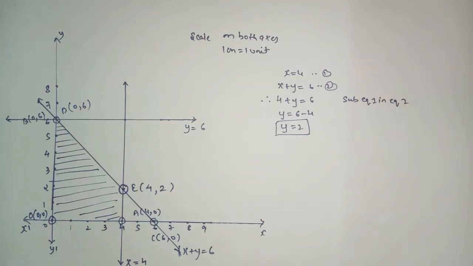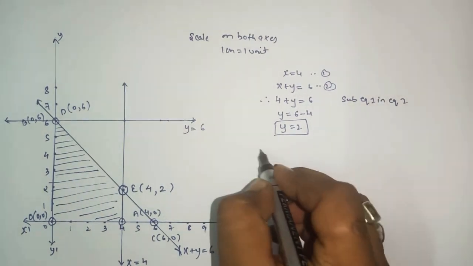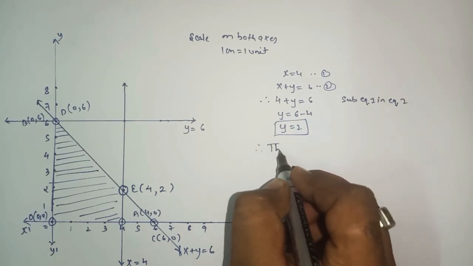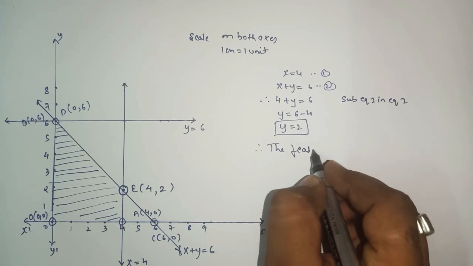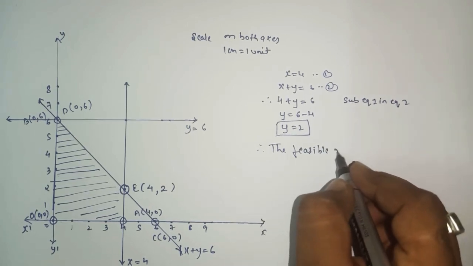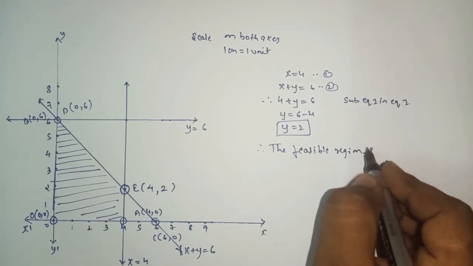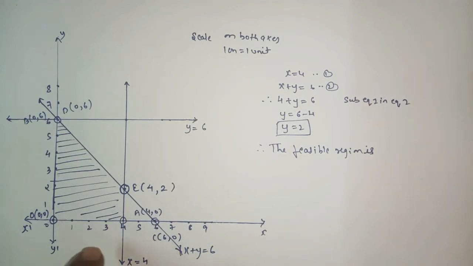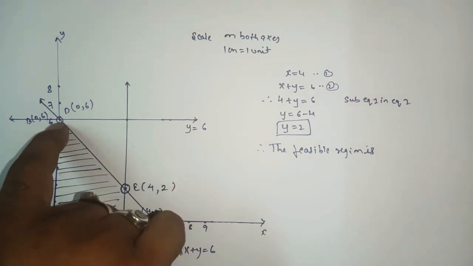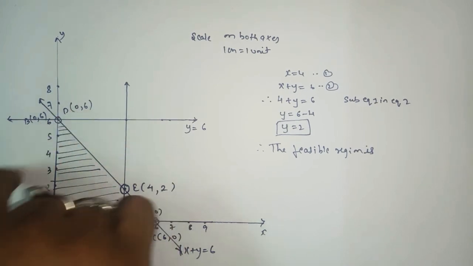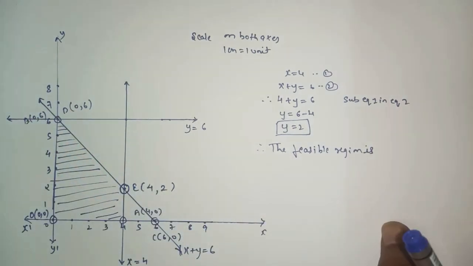So now after this we'll write the feasible solution, the feasible region. For this sum the feasible region is A, E, B, or else you can write D, as both B and D share the same coordinate 0 comma 6.